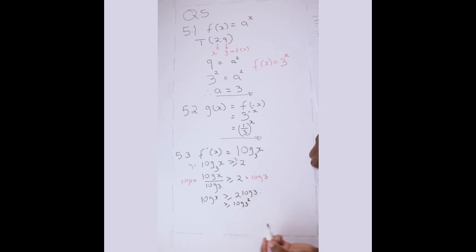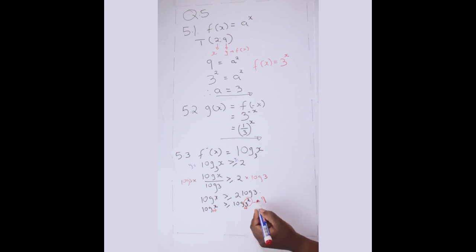Now, if we look at them, we have log x on the left hand side, which means that the base is 10 because it's a normal log. And on the right side we have log of 3 to the exponent 2, and the base is 10. Bear in mind that 3 to the exponent 2 can be rewritten as 9.